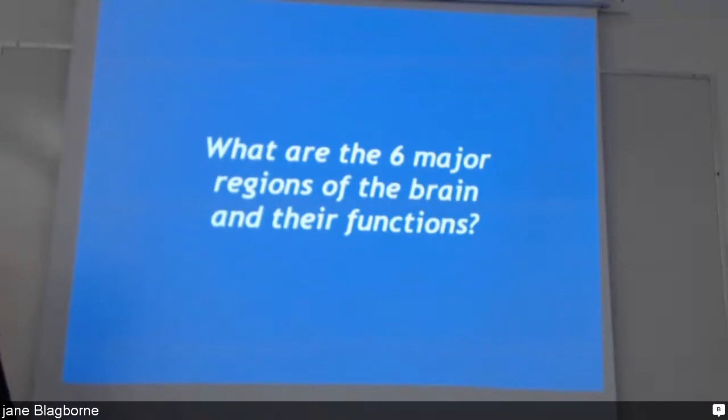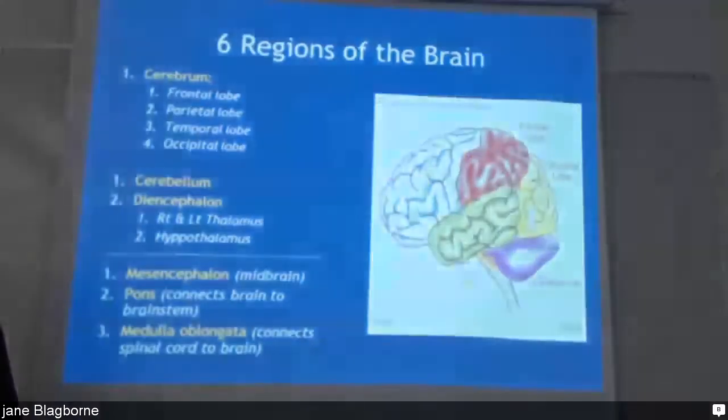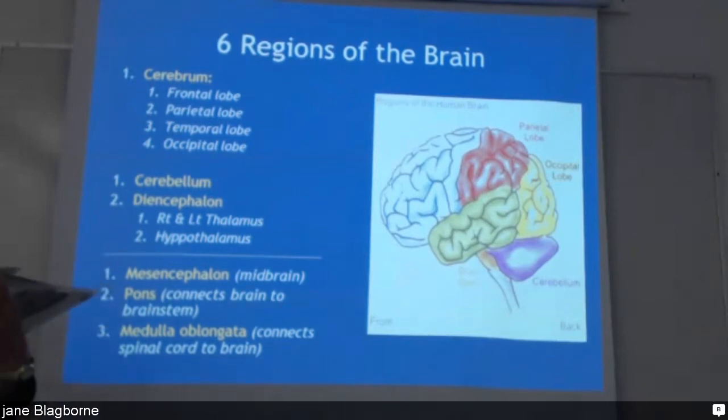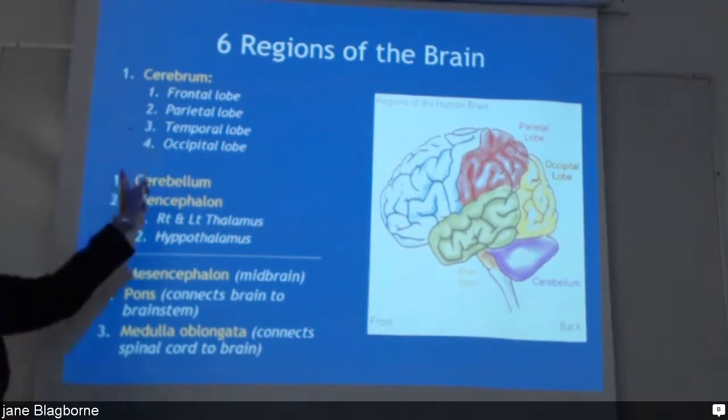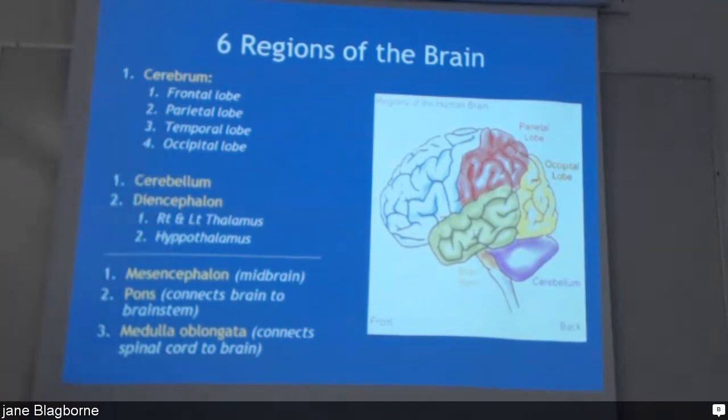Okay. There. So there are 6 major regions of the brain and their functions. We've got a picture there on your desk, similar to this one here. The cerebrum, cerebellum, they sound sort of the same, but the cerebrum is the larger part.